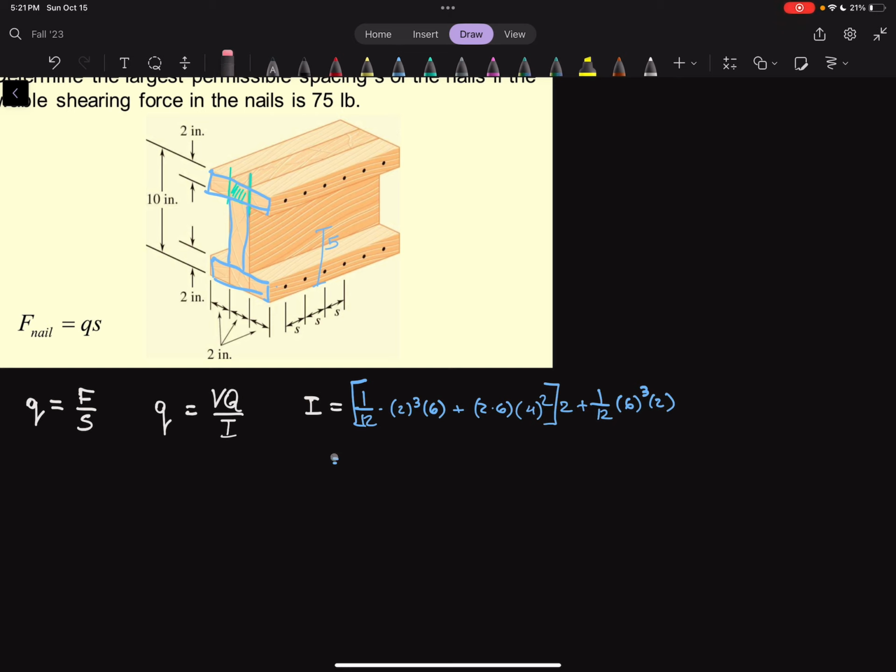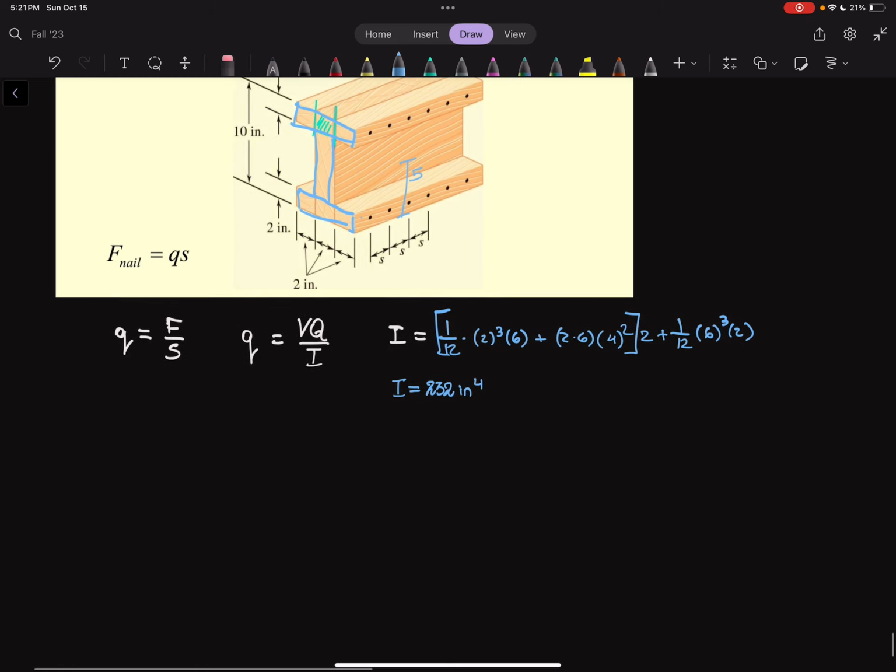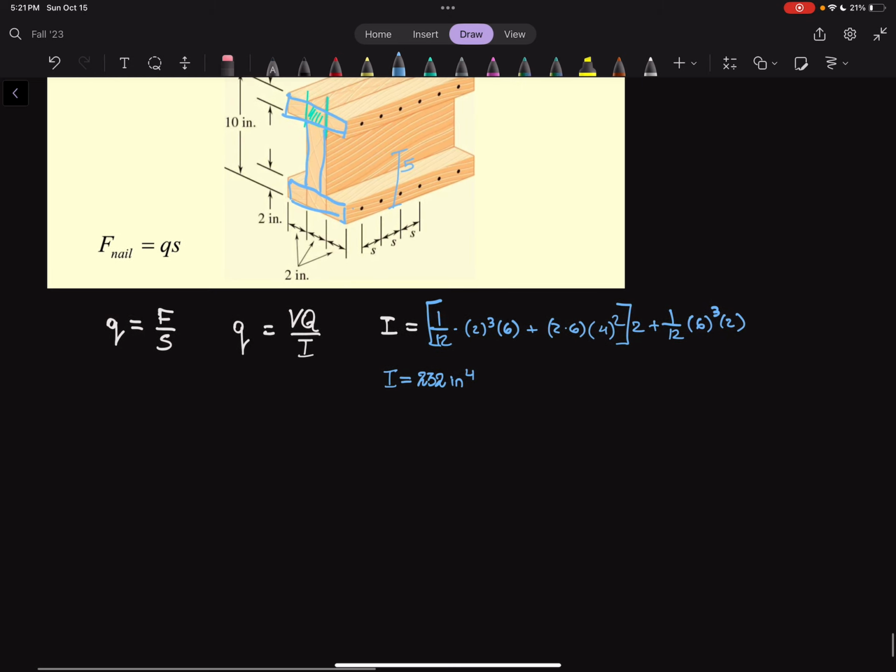So I is going to be 232 inches to the fourth. So that's my I.